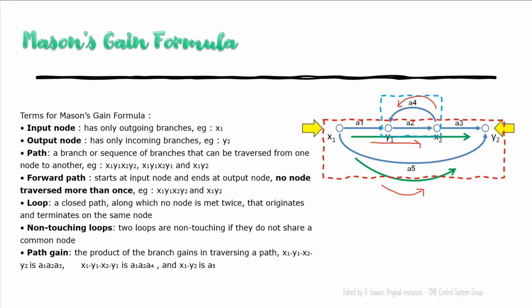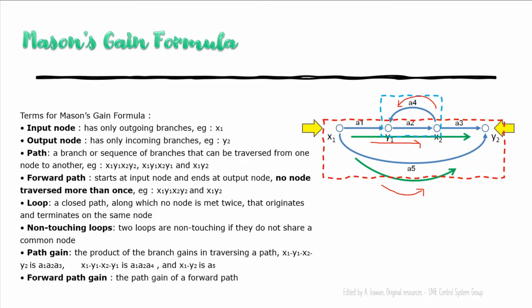Path gain, here I put a, normally we use G or H. So we have a1, a2, a3, a4, a5. That one is a path gain. In Mason's gain formula, they want to get the forward path gain.